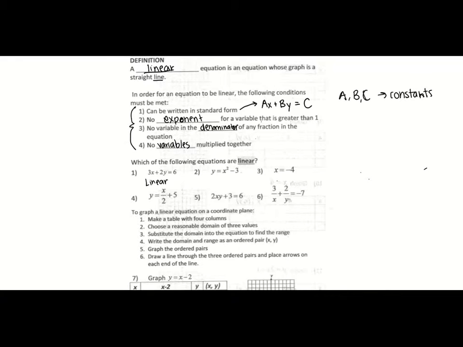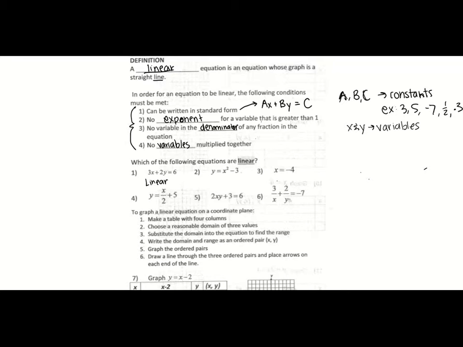So those are going to be numbers like 3, 5, -7, 1/2. All those are examples of constants. 0.3. Those could be a, b, or c. Any number like that could be a, b, or c. Our x and y are our variables. So that is what is meant by standard form.